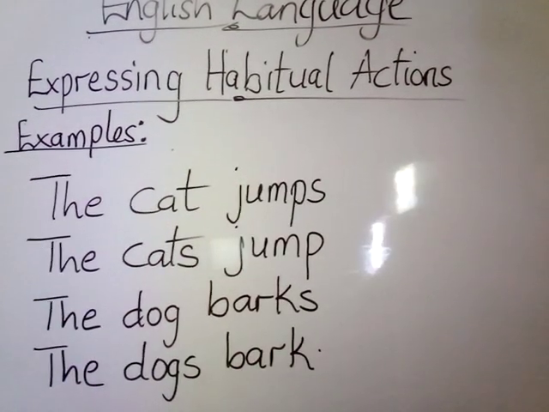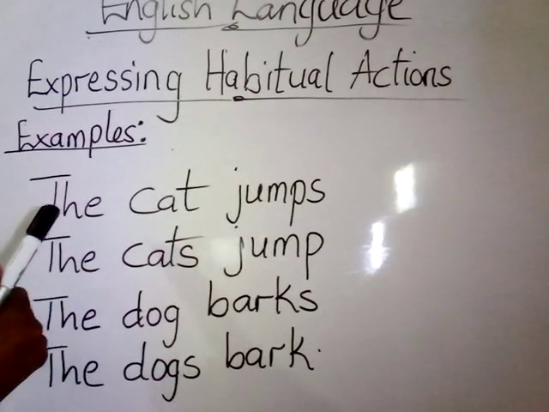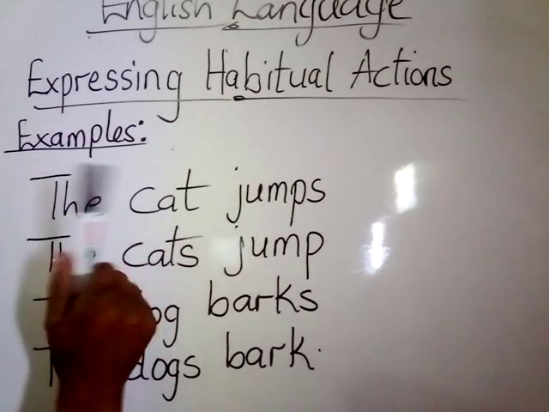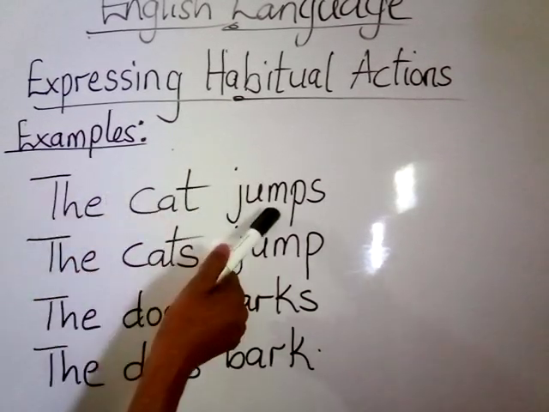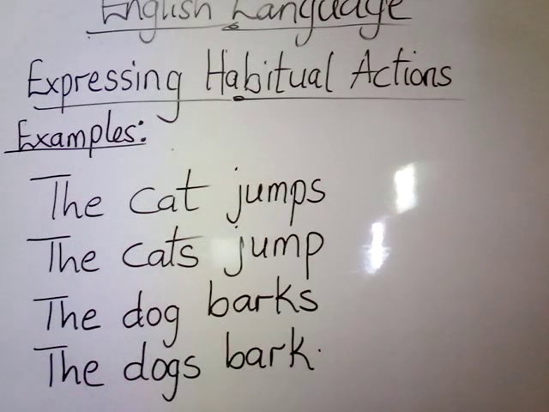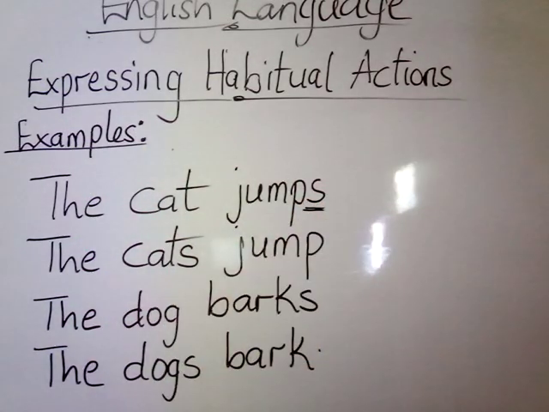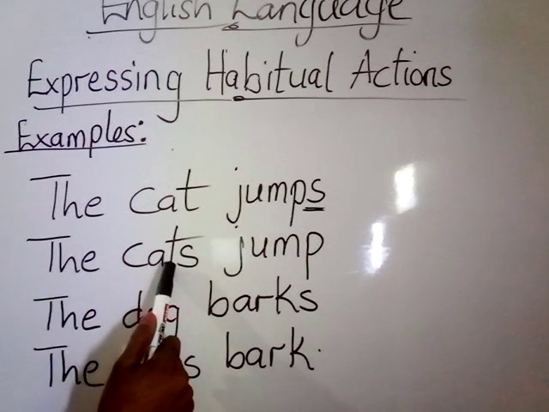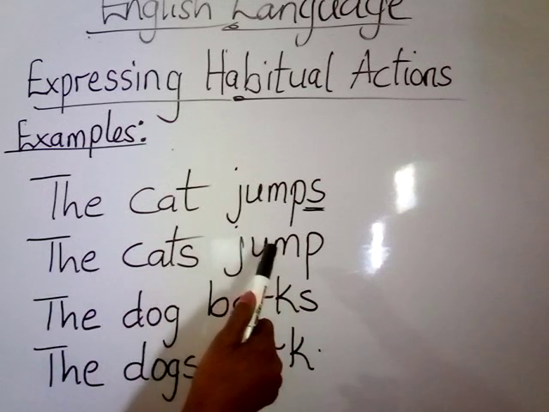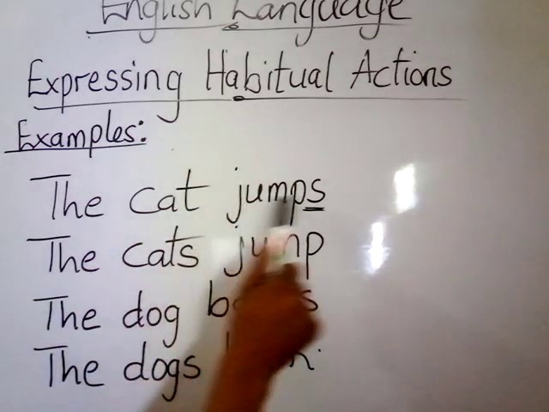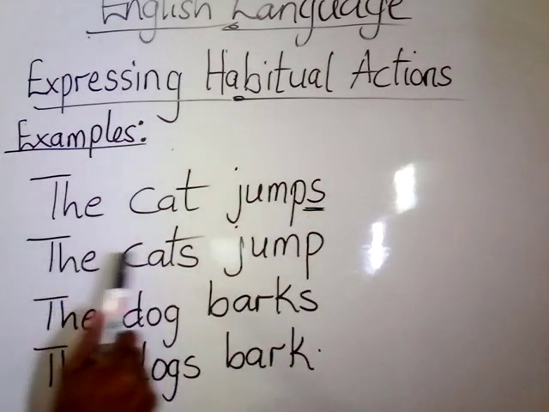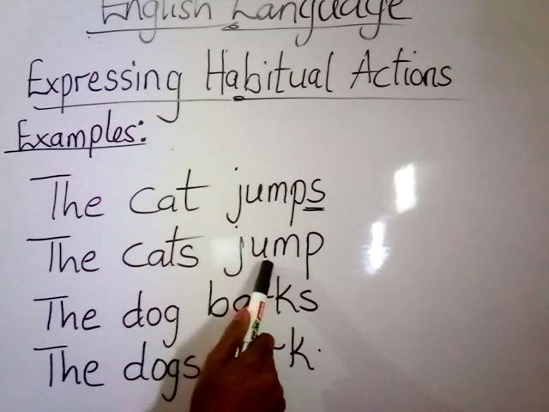So some further examples. Here we have the cat, one cat, the cat jumps. So you see we have an s here, the cat jumps. And then the second one says the cats, more than one cat, the cats jump. Okay, one cat jumps, more than one cat jump.